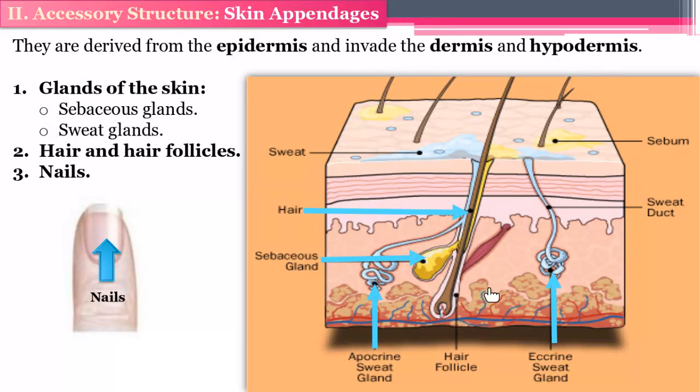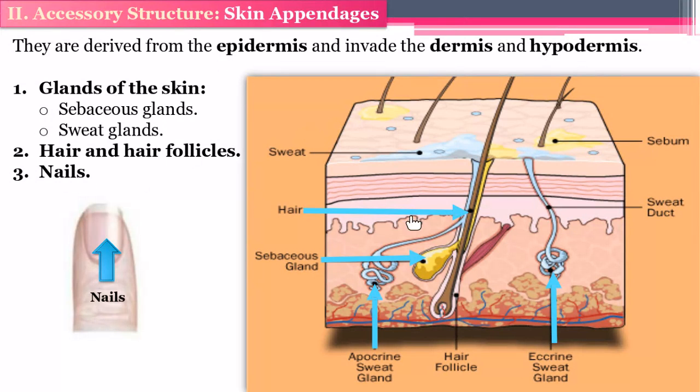That means they are ectodermal in origin, but they are embedded in the dermis and hypodermis. So what are the different skin appendages? They are the glands of the skin that include the sebaceous gland and sweat gland, then the hair and hair follicle, and the nails.